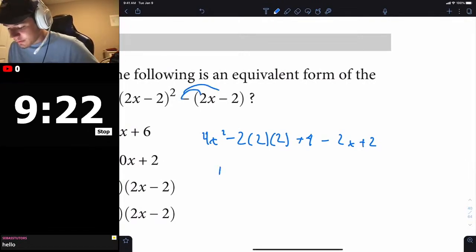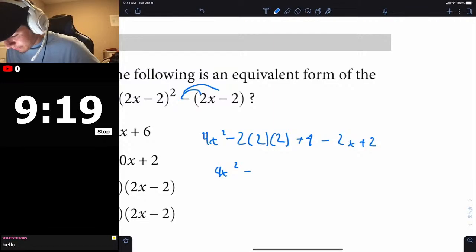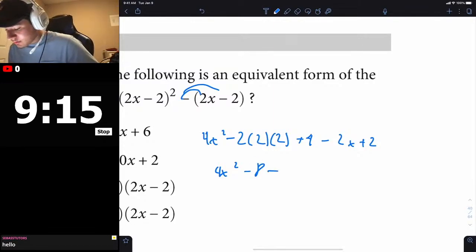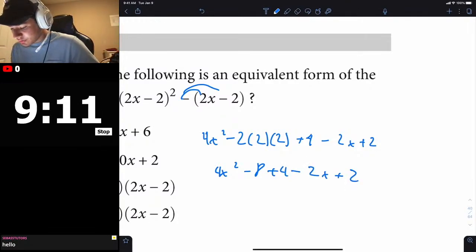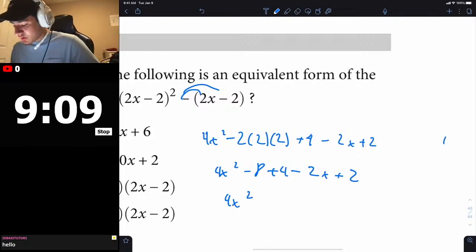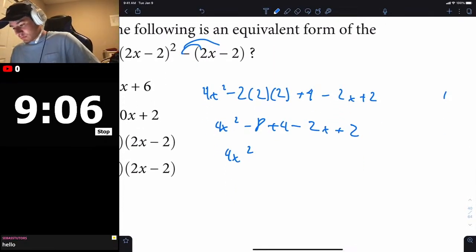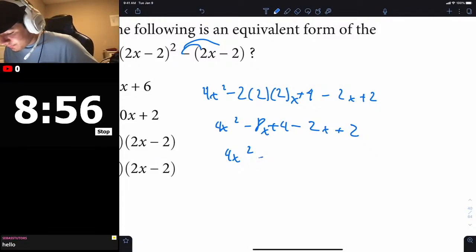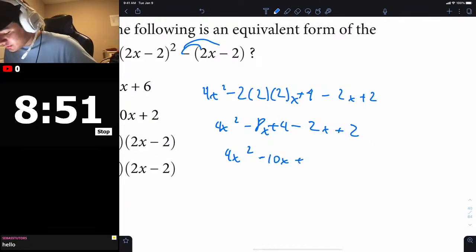I don't know why I'm so off today. 4x squared minus 8x plus 4 minus 2x plus 2. Add like terms. So I get 4x squared, minus 8x minus 2x is minus 10x, and then 4 plus 2 is 6.